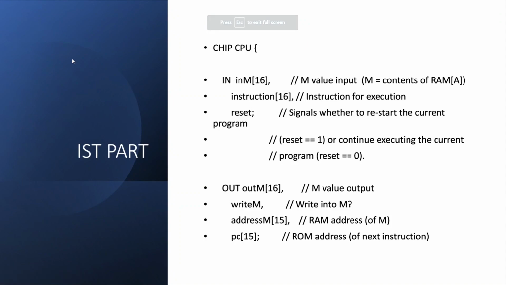So first in our HDL code, input pins are 16-bit inM, 16-bit instruction and reset, and for output pins we have outM, which is 16-bit, writeM, addressM, which is 15-bit, and 15-bit PC.